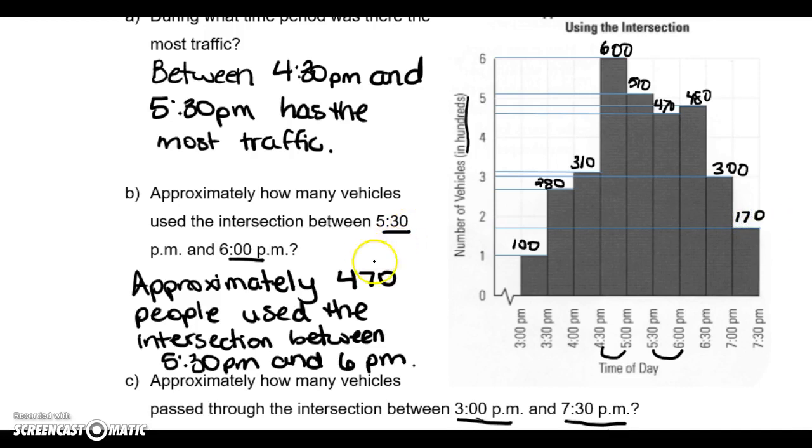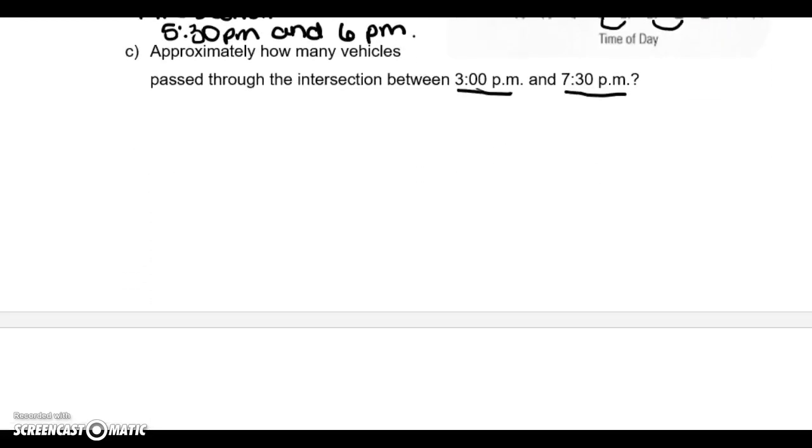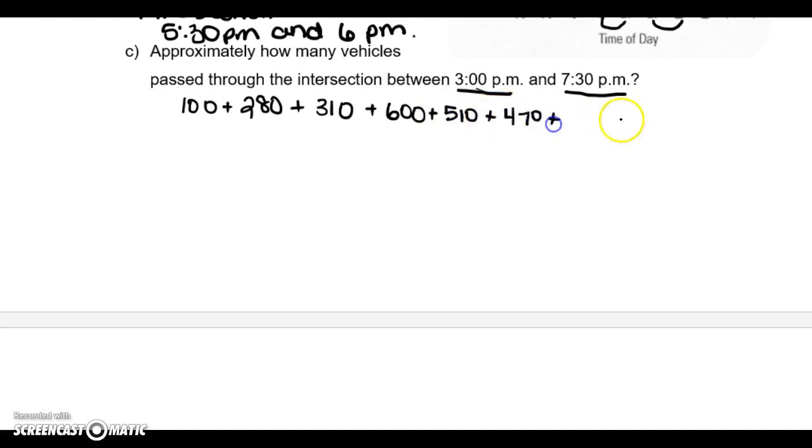So then what we're going to do is add up each of those values to find the total number of people that passed between 3 p.m. and 7:30 p.m. So we add up each of those numbers: 100, 280, plus 310, plus 600, plus 510, plus 470, plus 480, plus 300, plus 170.